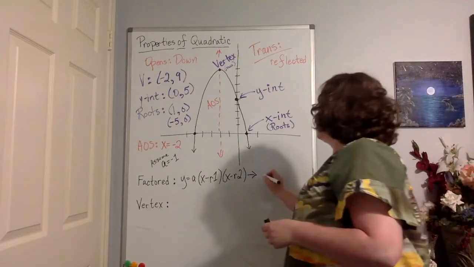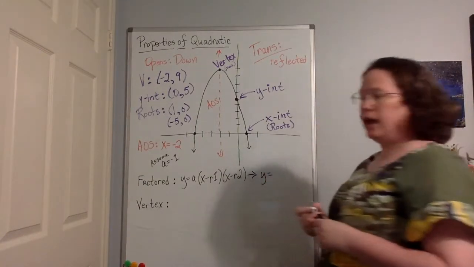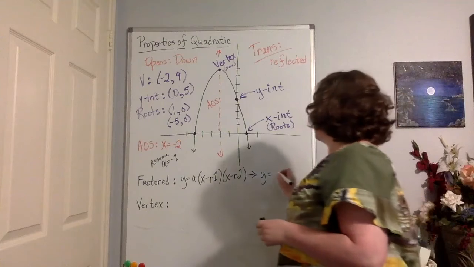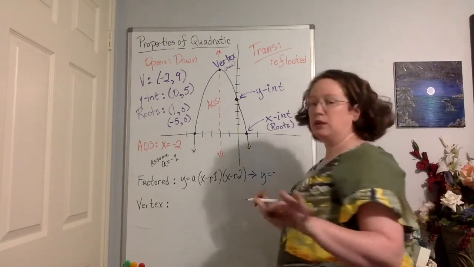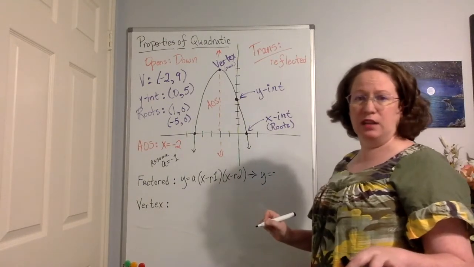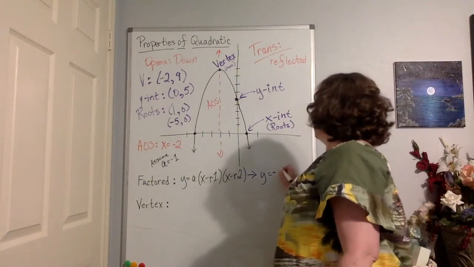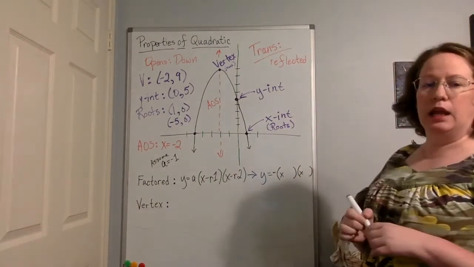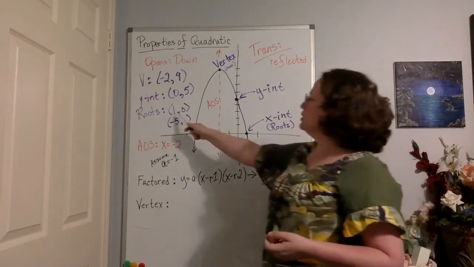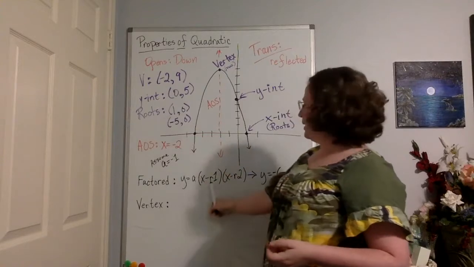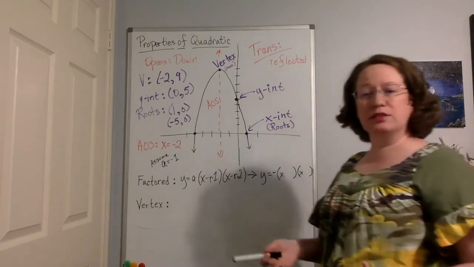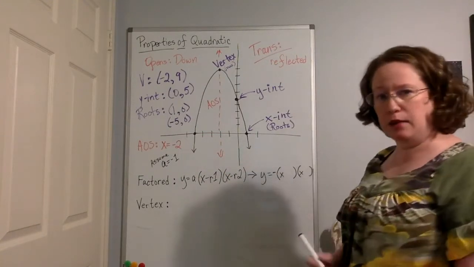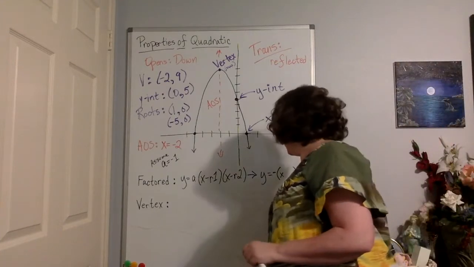Okay? So let's see what we're going to get. So we got y equals, what was my a value? Yeah, we said it's -1. So we can put a -1 or we can just put a negative sign. Either way. And then I need to list my two roots. So I'm going to put my x's up front. So I look over at my roots. My roots were at +1, but I'm subtracting. So positive, when you change the sign, becomes, very good, negative.